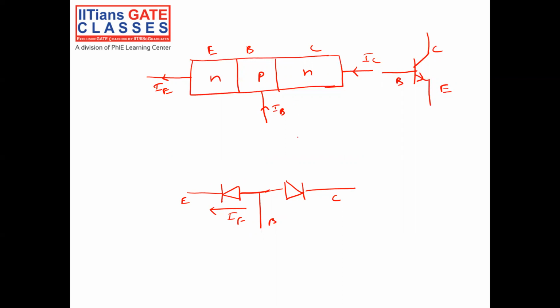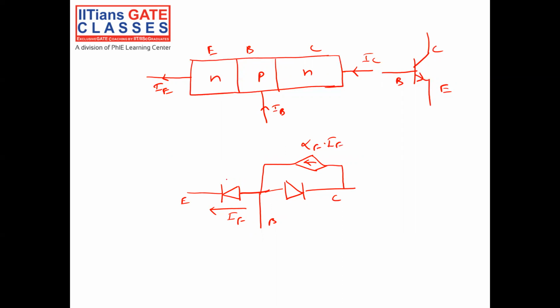But in a BJT, some part of my IF will be flowing through the base to collector junction. So I can denote it as a dependent current source, and this current is alpha F into IF.